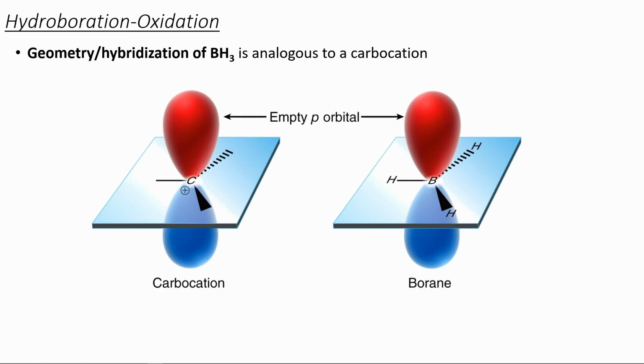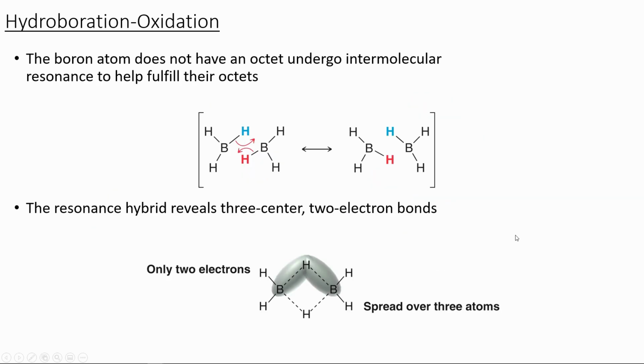The geometry and hybridization of BH3 is very similar to that of a carbocation. As you can see here, we have a 120-degree bond angle with all three hydrogens planar to each other, and then one p orbital that's perpendicular to the sigma bonds. Since boron does not generally have a full octet, we're going to generally have a complex of two borons together.